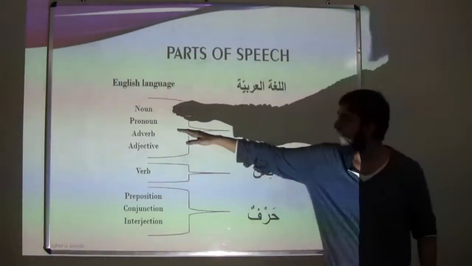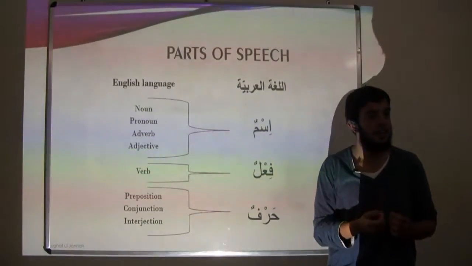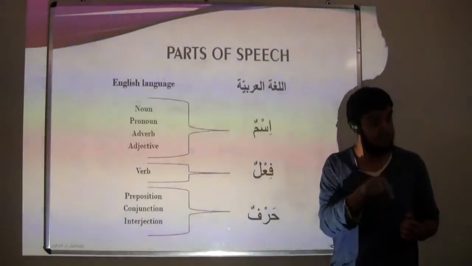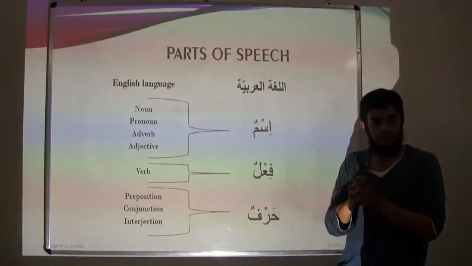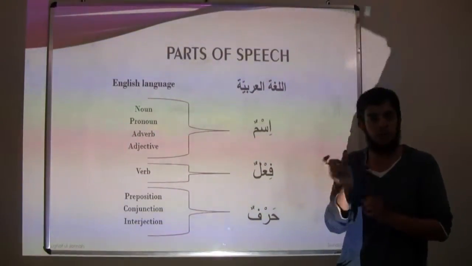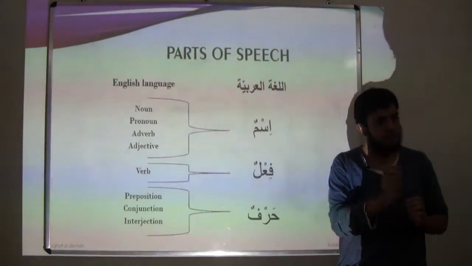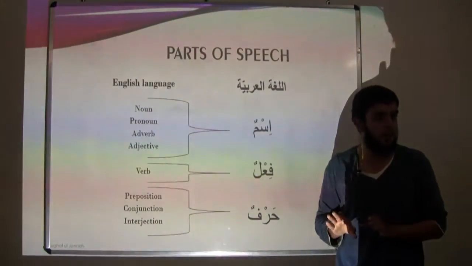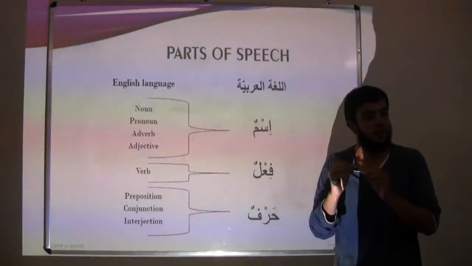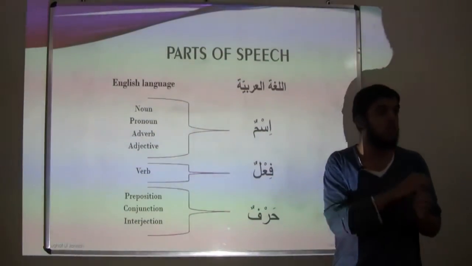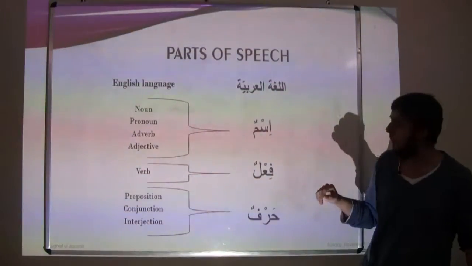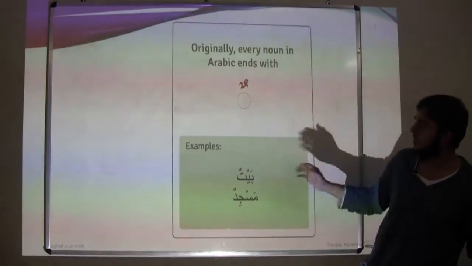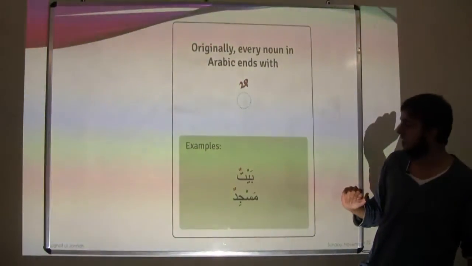But if you come under pronouns, hada does not end with a double dhamma, but it is an ism. What I'm trying to say is, every word which ends with a double dhamma has to be a noun. But it does not mean that other words which are not ending with double dhamma are not nouns. So this is the basic rule that we learned last time.